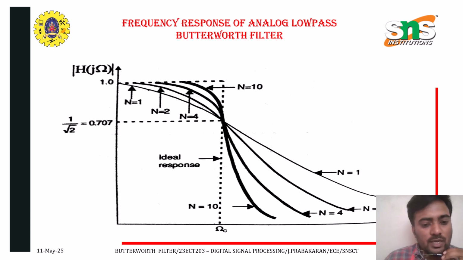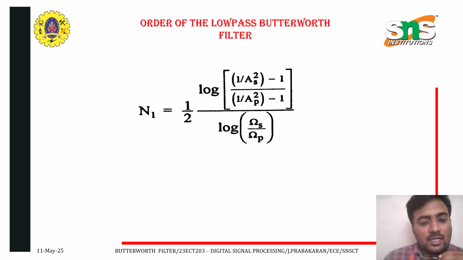This slide shows the magnitude response of an analog filter, maximally flat at DC, which means 0 hertz, and no ripples in the passband frequency. Here you can see the formula for the order of the Butterworth filter: N equals 1 by 2 times the log of (1 divided by As square minus 1) divided by (1 divided by Ap square minus 1), divided by the denominator term log of omega s divided by omega p.